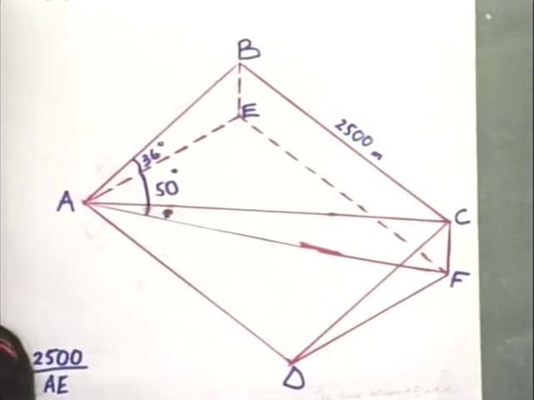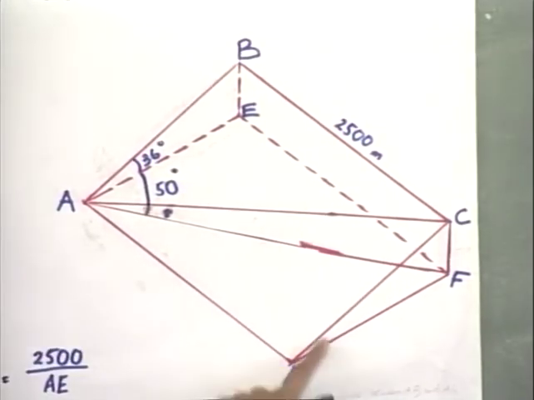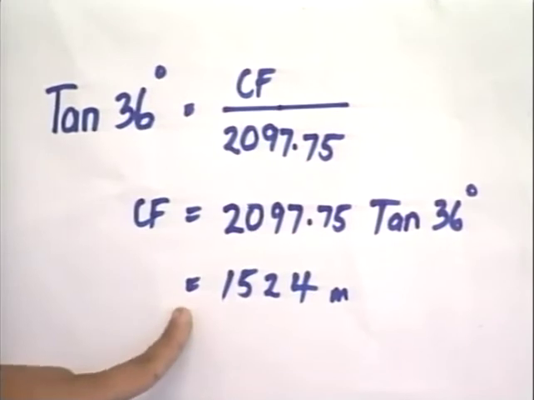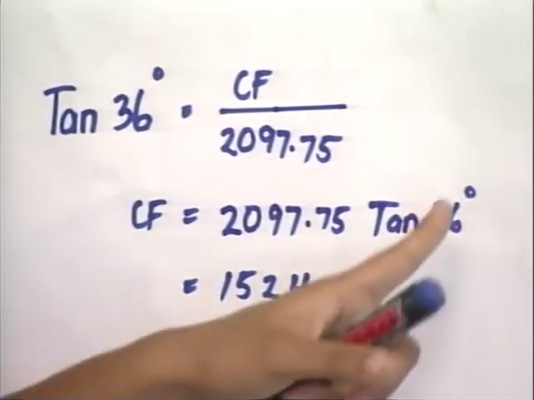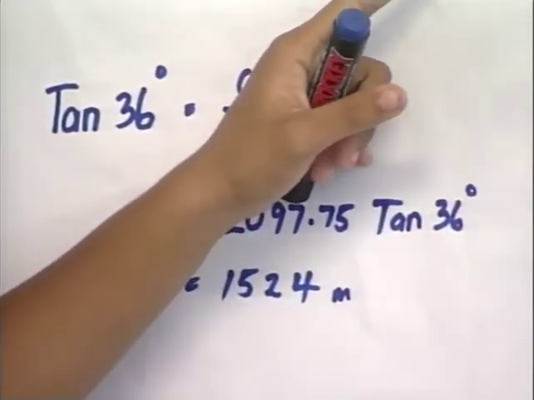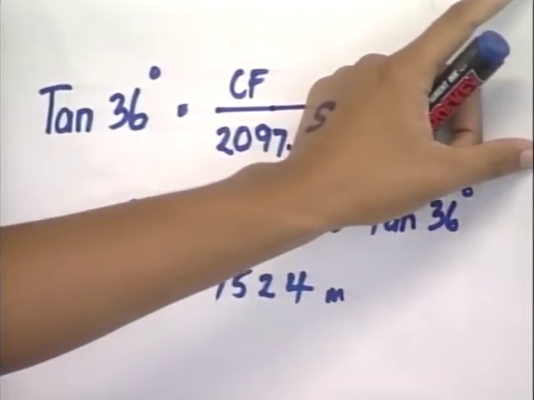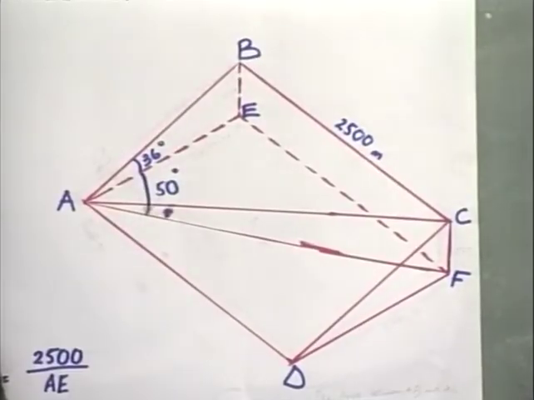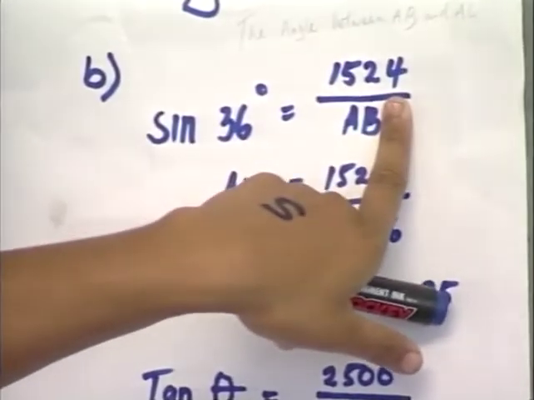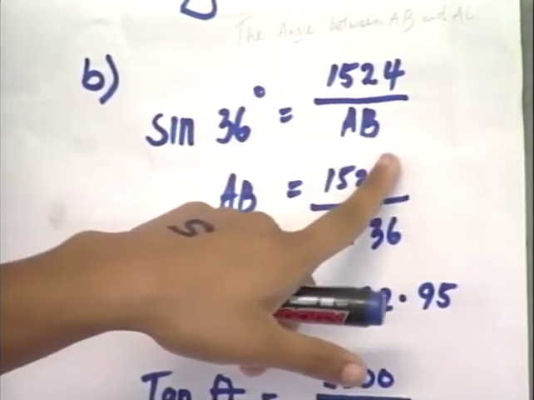So to find CF, we use tan 36 degrees equals CF over 2,097.75, which equals 1,524 meters to the nearest whole number. For B, we are asked to calculate the angle between AB and AC. So we use this angle here, sine 36 degrees equals 1,524 over AB.